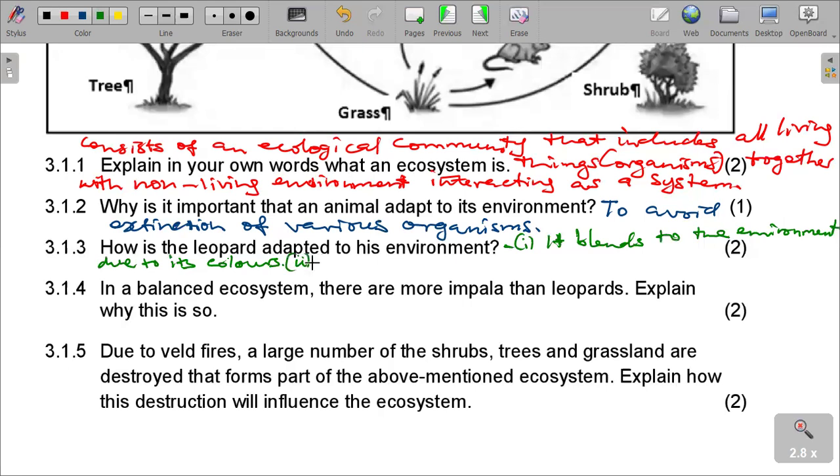Two, it helps it in hunting, so it can come closer to the prey.